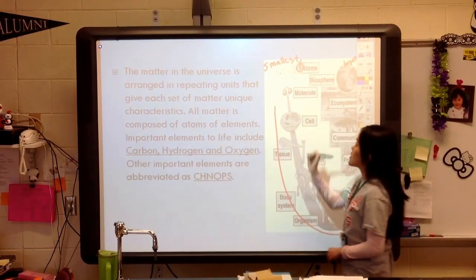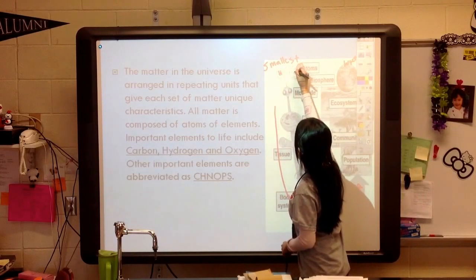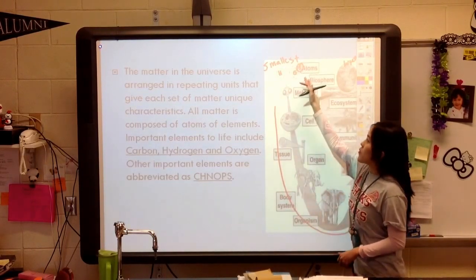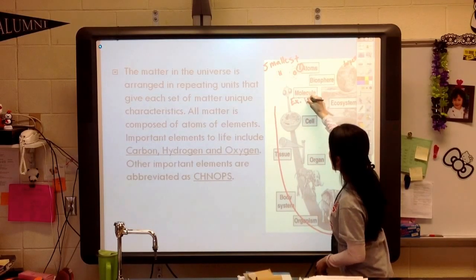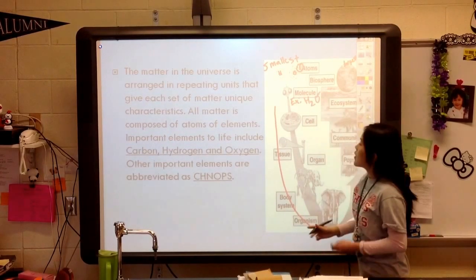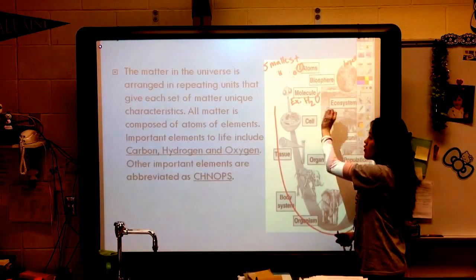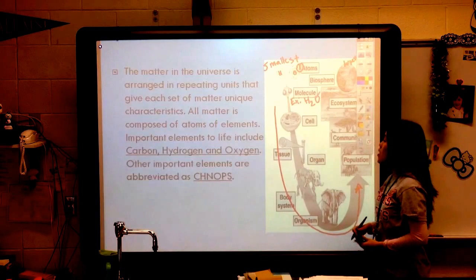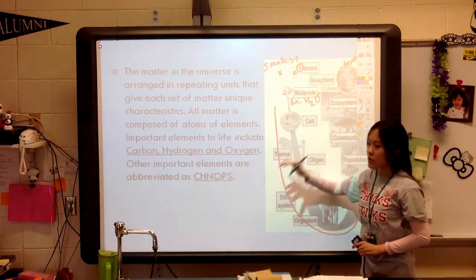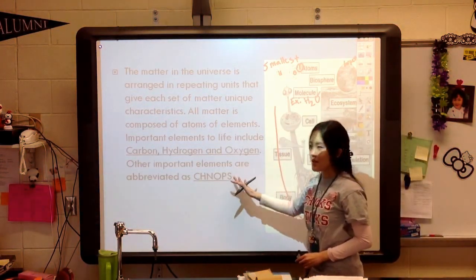The atoms could be something like hydrogen and oxygen. Then from there you can have a molecule. An example of a molecule could be water, H2O. And then a bunch of molecules can form to make a cell, and then tissues, then organs. But all cells are going to contain these 6 essential elements.